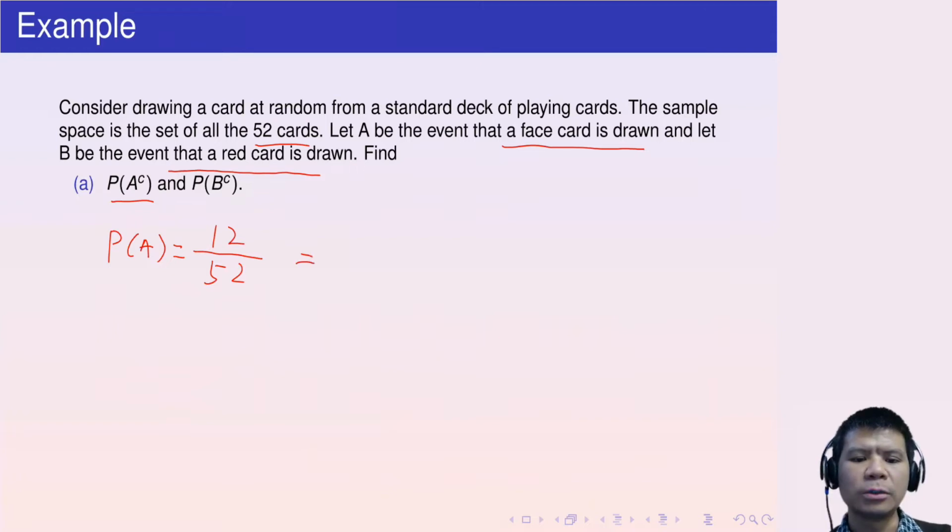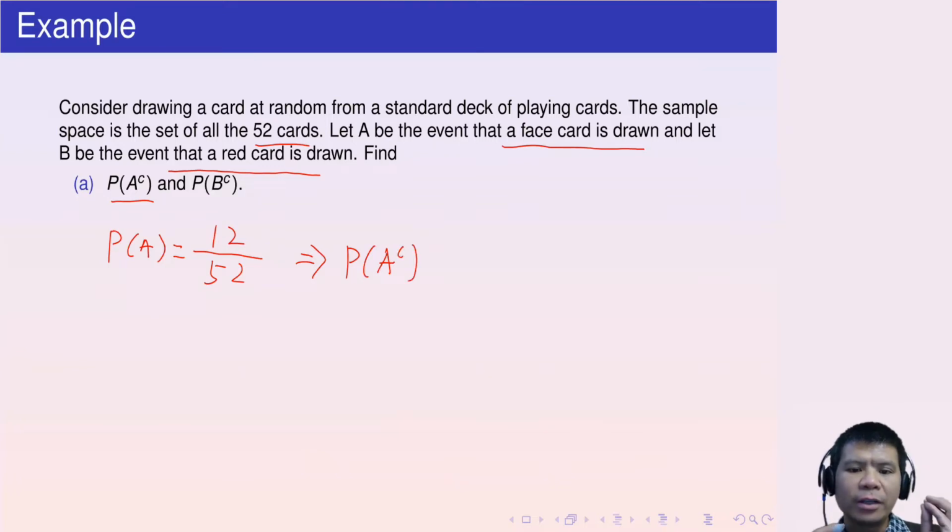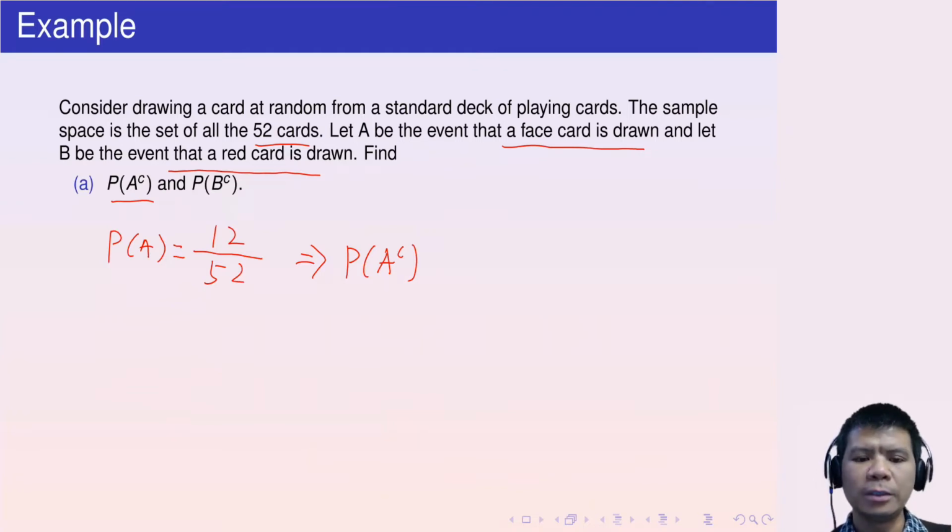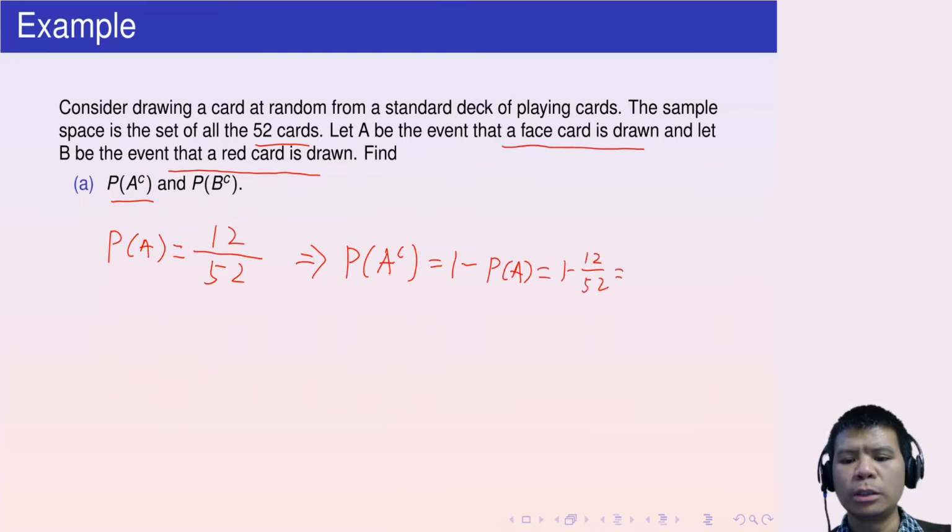Using the complement rule, A complement is that the card drawn is not a face card. So it equals 1 minus the probability of A, which is 1 minus 12 over 52, which is 40 over 52.